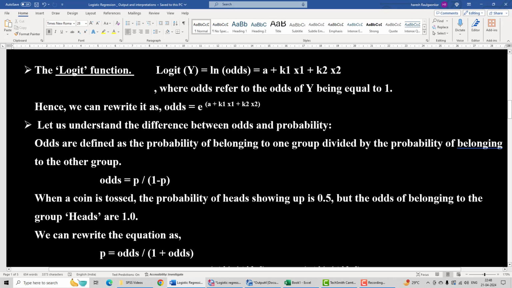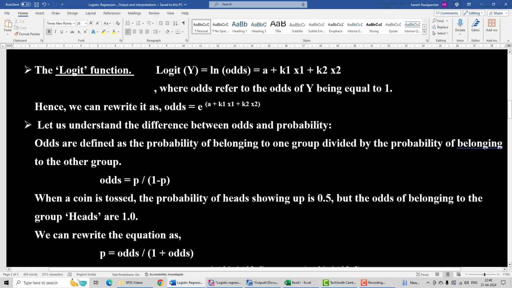Firstly, just to understand logistic regression, it is fitting an S curve between the values of 0 to 1. So it is a log value. So log y, which is log of odds, equals a plus k1 x1 plus k2 x2, this is our logit function model.